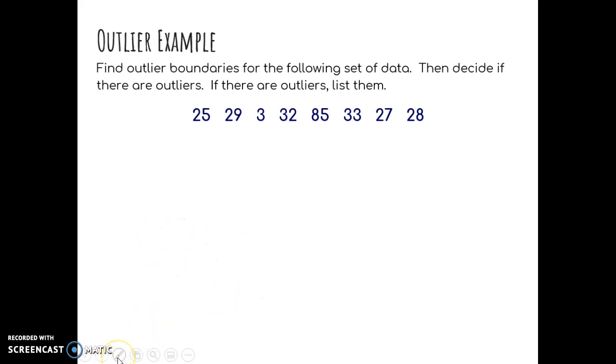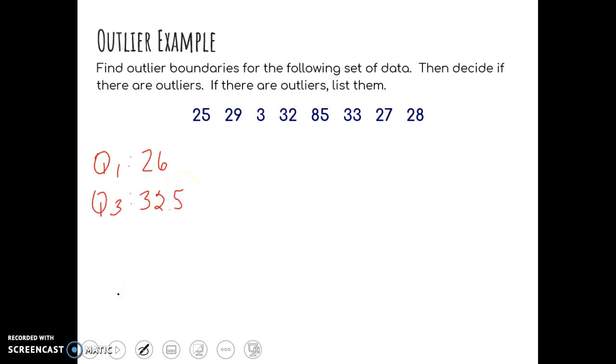So when I put this list into L1 and found the var stats, I found that the Q1 was 26 and Q3 is 32.5.